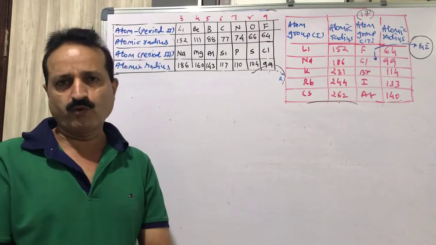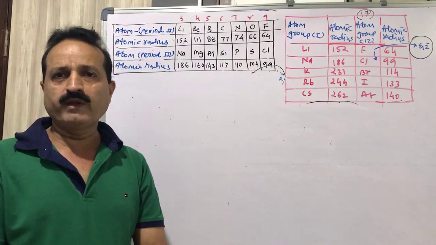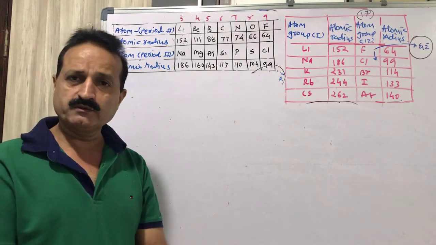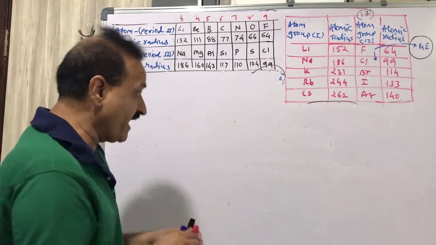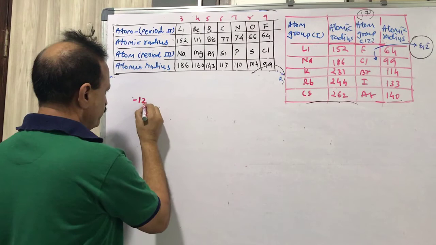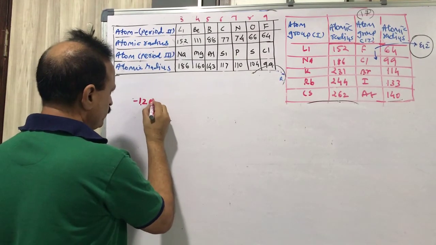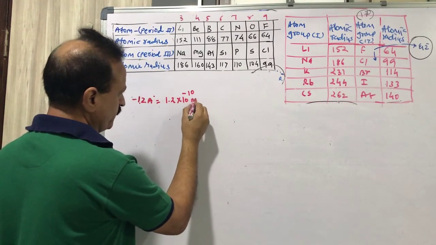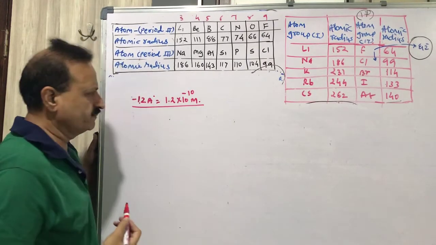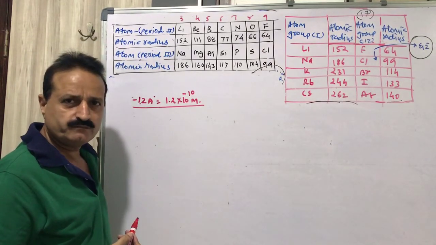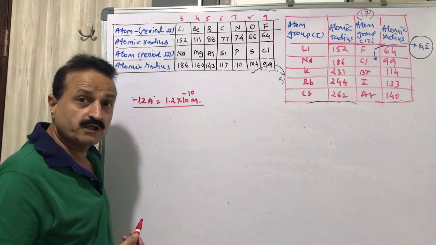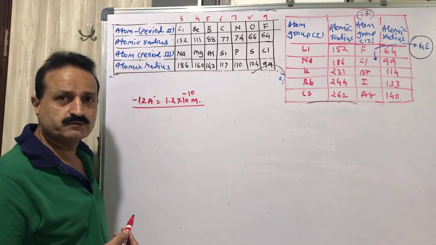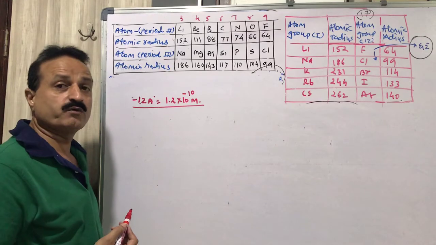If we think of a small tiny ball and want to measure its radius, it is so difficult. The simple size of an atom is about 1.2 angstrom, which means 1.2 into 10 raised to minus 10 meter.